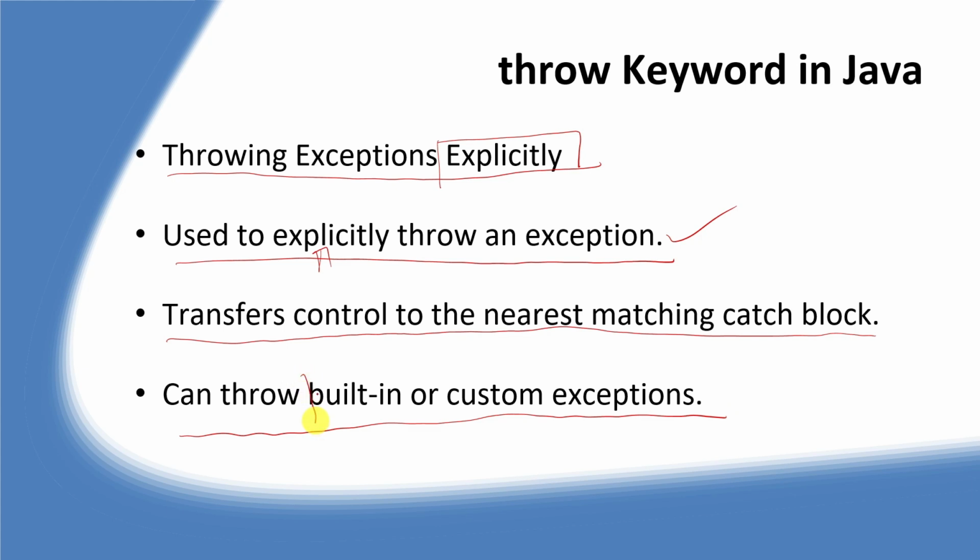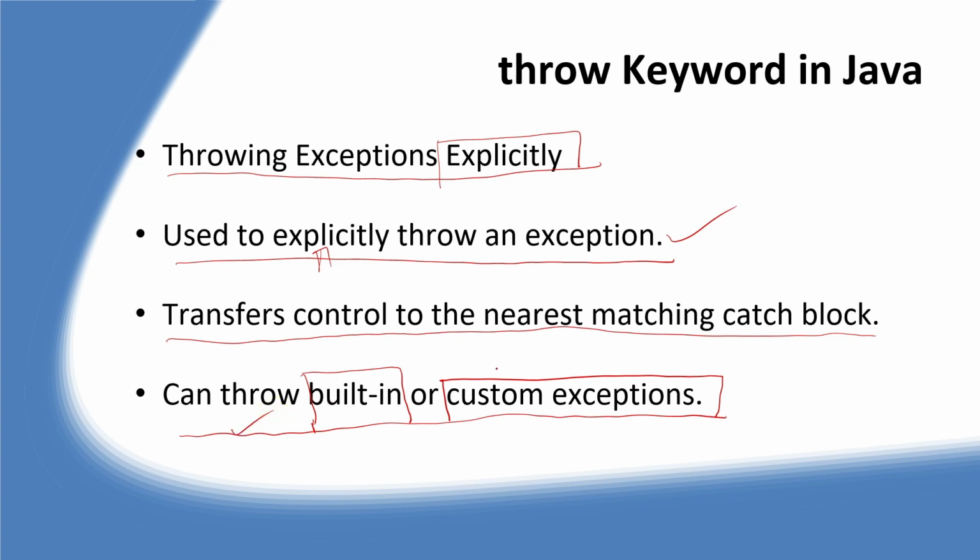Built-in means we don't need to create the exception, that is already provided by Java. Whereas in a custom exception, based on our requirement, based on our need, we can create our own custom exception class, and we can use that particular exception class using the throw keyword.